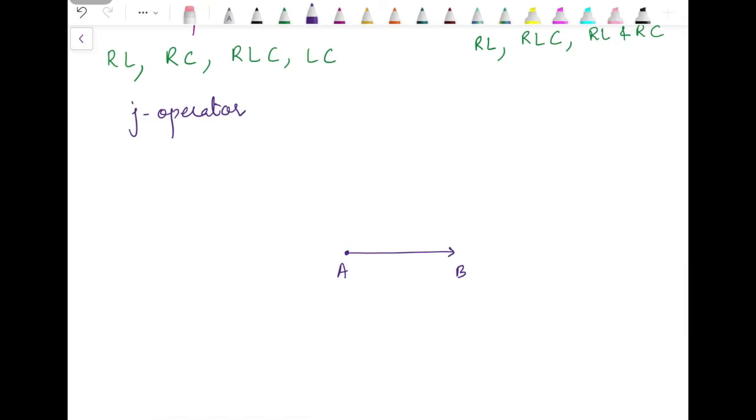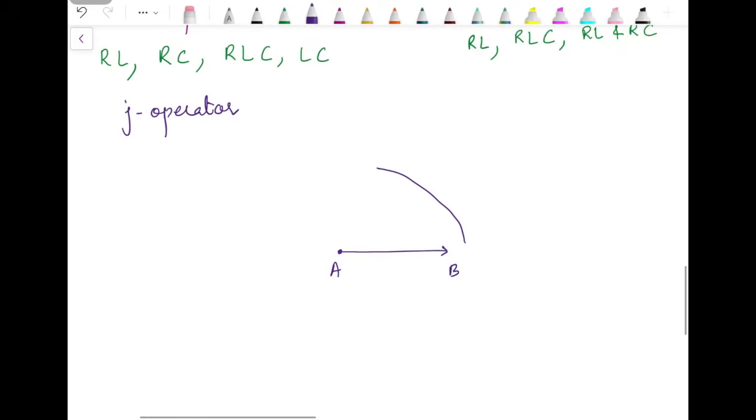Let's say we have a vector AB. Now we multiply this AB with j, which is a vector, then it will rotate this AB in anti-clockwise direction by 90 degree and the magnitude will remain the same. So this will become jAB.